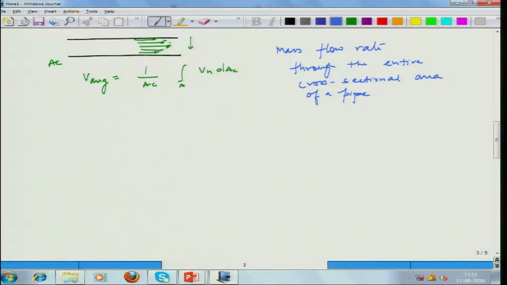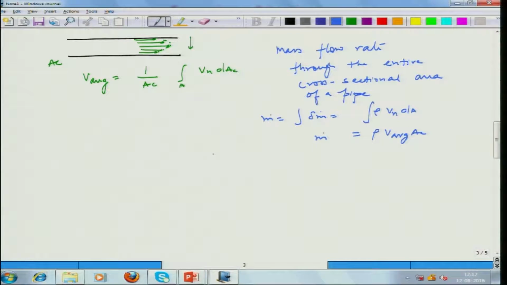This would be your m dot. If we write the general expression as we have done earlier, then this will be this, but now we can replace this expression by rho V average AC. So this will be your mass flow rate.